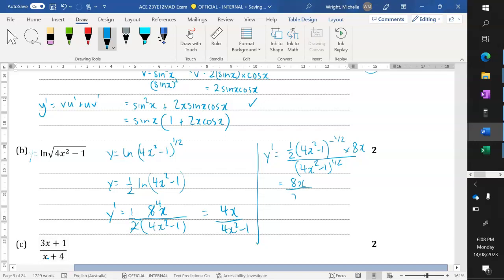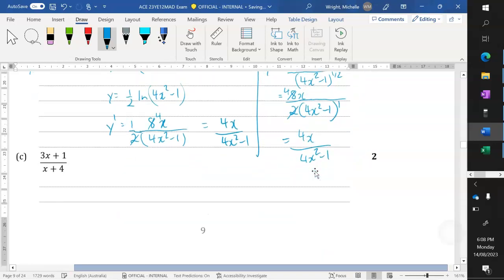The half will become the 2, will bring down to the 2 on the bottom. This top section here with the minus a half will come down, and it will be a half and a half as the indices added together. So you're going to get 4x minus 1. A half and a half gives me 1. And then that 8 and 2 become a 4 again. So we get 4x, lots of 4x squared minus 1. So either way, that's your answer. On the left-hand side one was much easier.